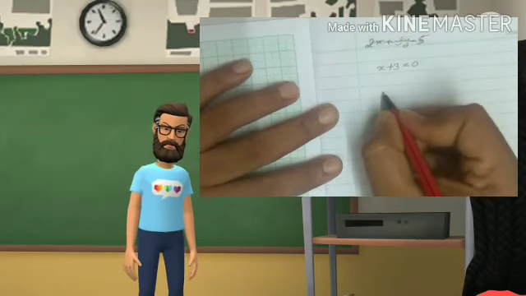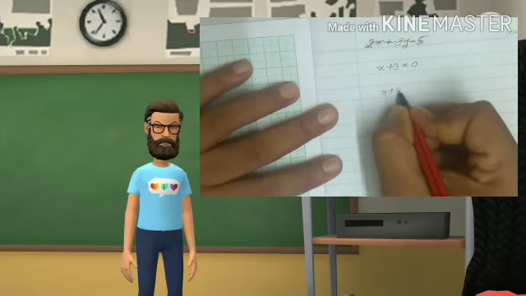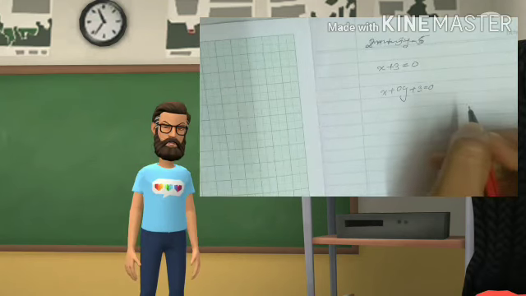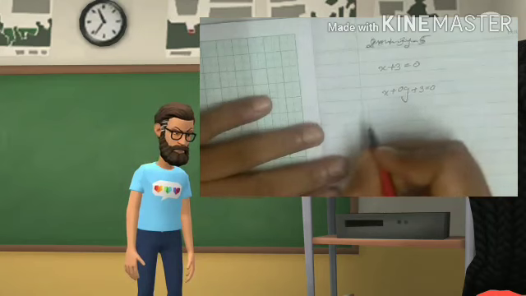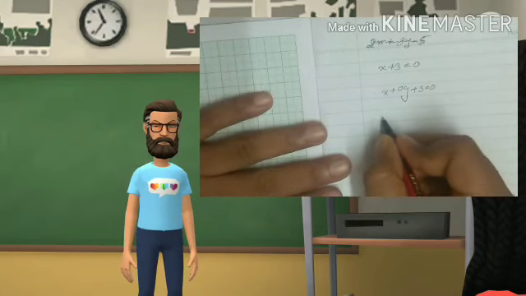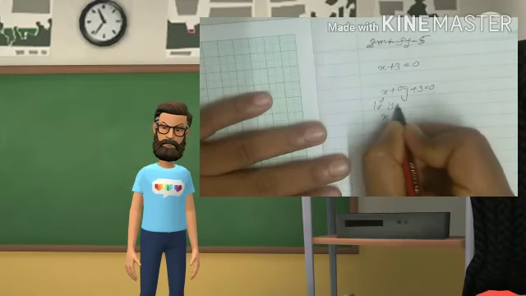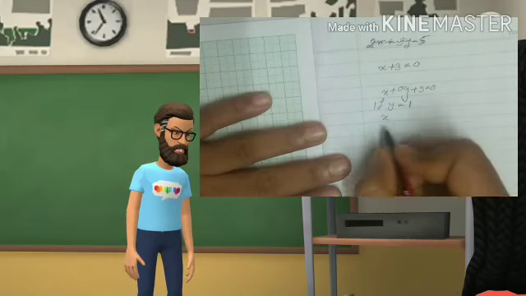Now let's find its solutions by substituting values. Let's take y is equal to 1. Then the equation becomes x plus 0 into 1 plus 3 is equal to 0, or x is equal to minus 3.